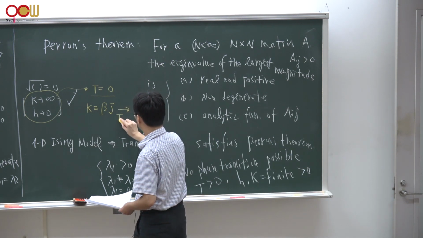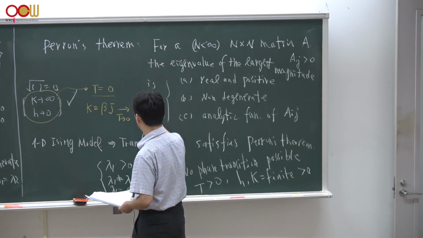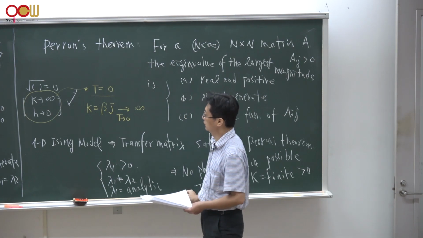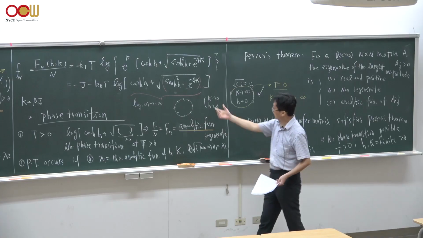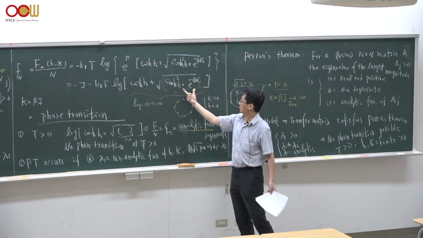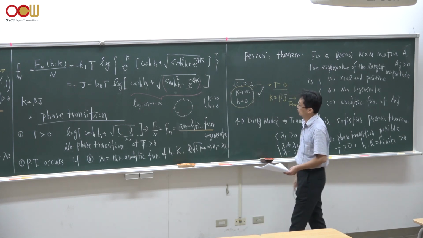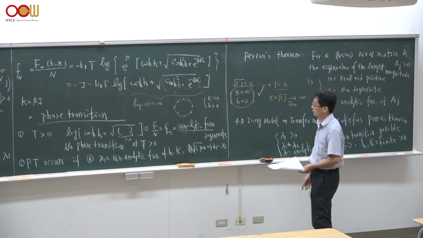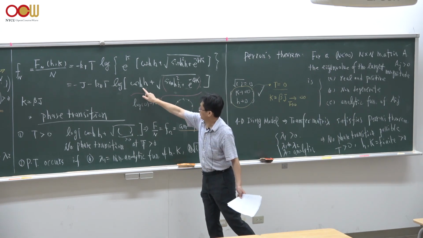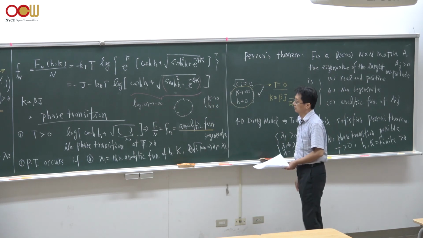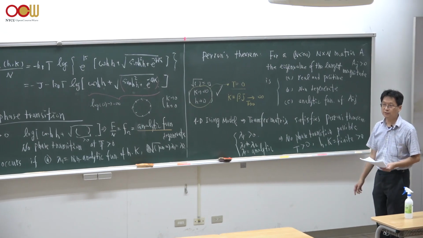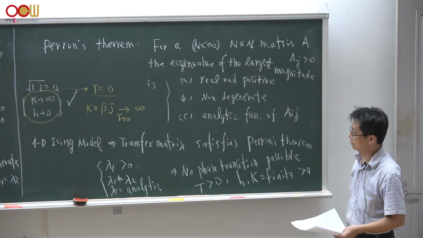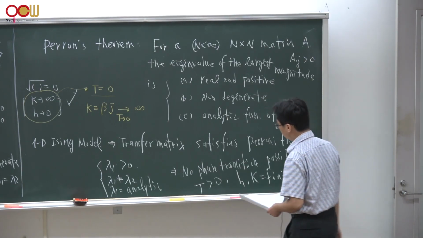So in the T goes to 0 limit, k goes to infinity. And when k goes to infinity and h goes to 0, you get the chance to make the square root vanish. The square root term becomes 0, and you have a chance of a non-analytic free energy density here, because the log can be singular. So that's about everything we can do today.